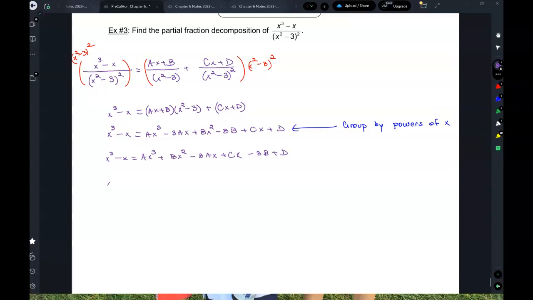Okay, now this is ax cubed, that's alone, bx squared, that's also alone. Here, I have two terms with an x. What I'm going to do is factor out an x, okay? So I'm going to get plus, in parentheses, negative 3a plus c times x. Right? I just factored out an x and I wrote it here.